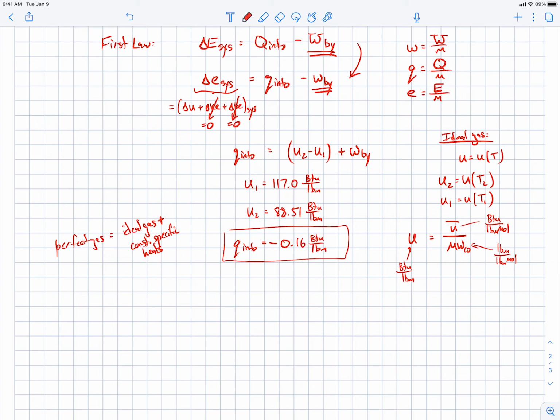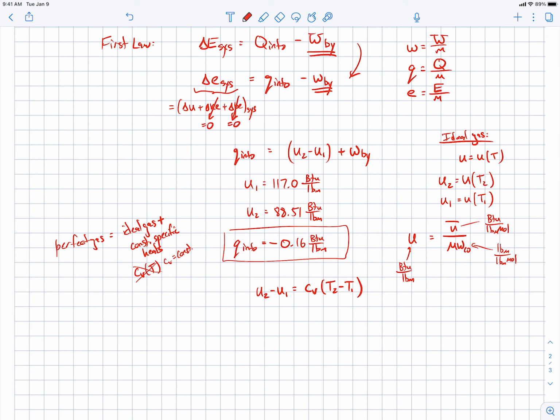So that means that instead of the specific heat at constant volume being a function of temperature, it would in fact be just CV as a constant. That's what we mean by constant specific heat. So in that case, U2 minus U1 would just be CV times T2 minus T1.